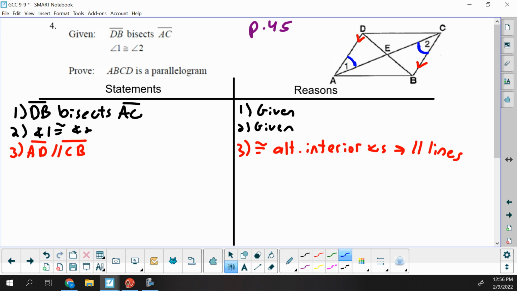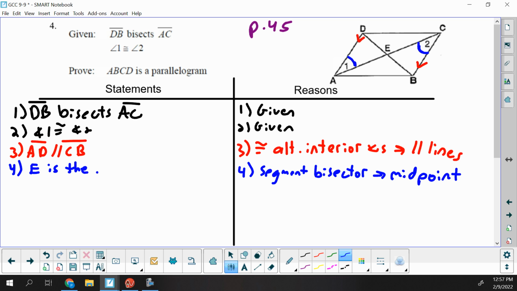Well, let's take the given we haven't used yet. We've got segment bisector implies midpoint. The midpoint is whatever comes after the word bisects, unless they said they bisected each other, which they didn't say here. So we're going to have E is the midpoint of AC.